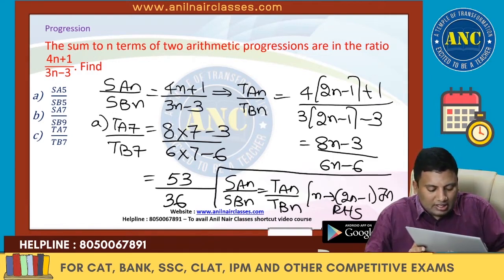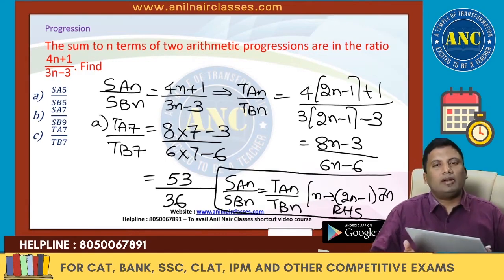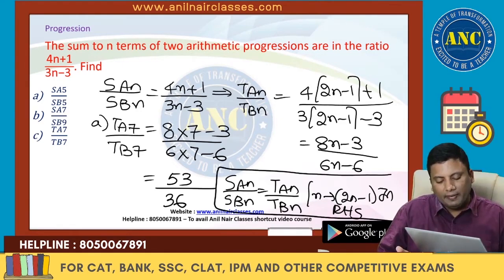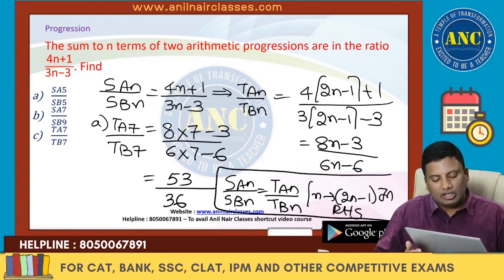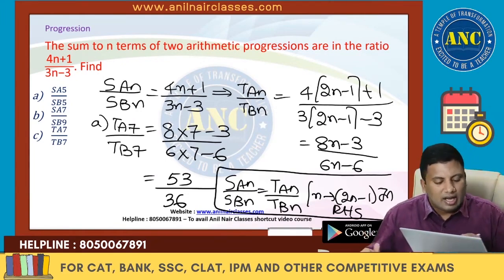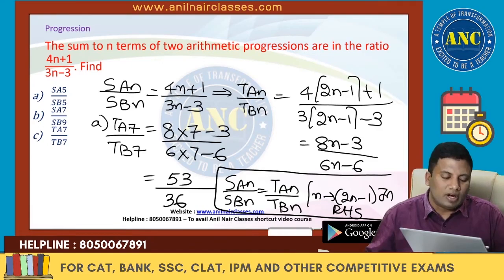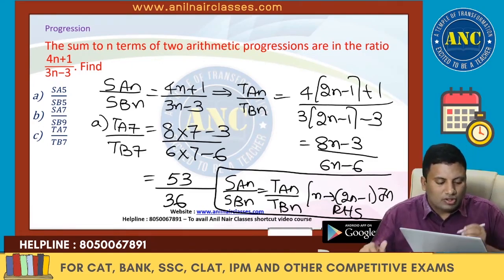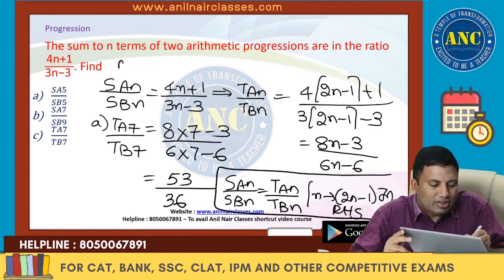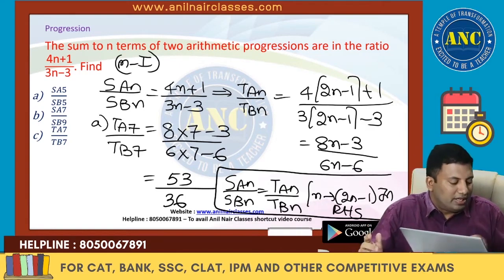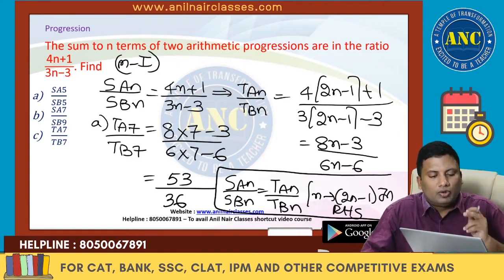I hope this idea is clear. This is one way to solve the question. This is method 1. I will tell you multiple methods. At the end, the student will decide which method to use.